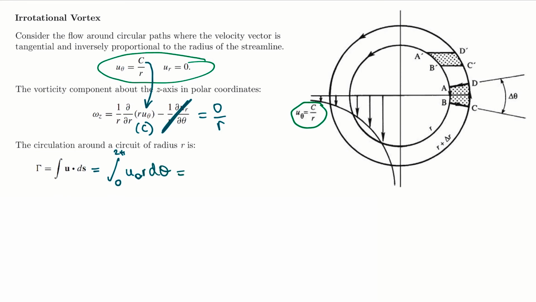And this is again going to be 2 pi, because none of that is a function of theta, times C when we plug it in this time. So this shows that the circulation is constant and independent of the radius. But remember the previous case of solid body rotation, our circulation was proportional to R squared. In this case, the circulation is completely independent of the radius. So the circulation around a circuit of any shape that encloses the origin is actually 2 pi C.